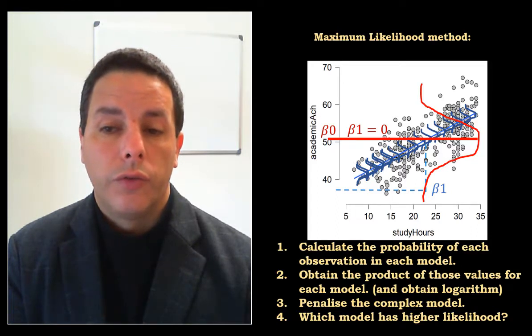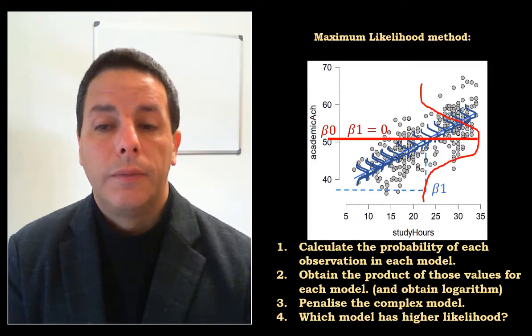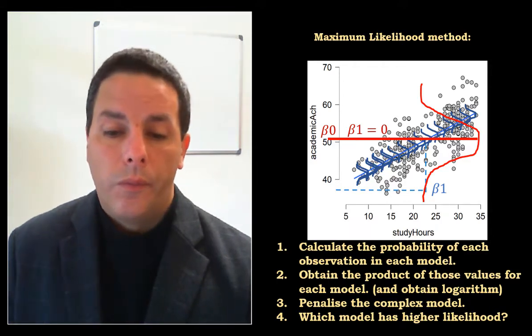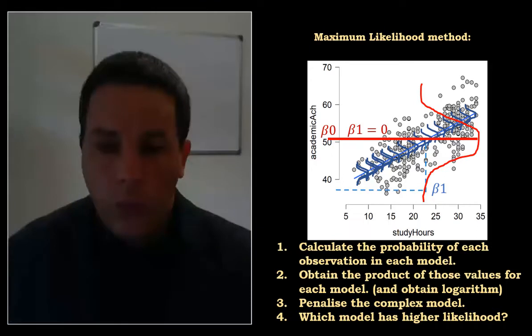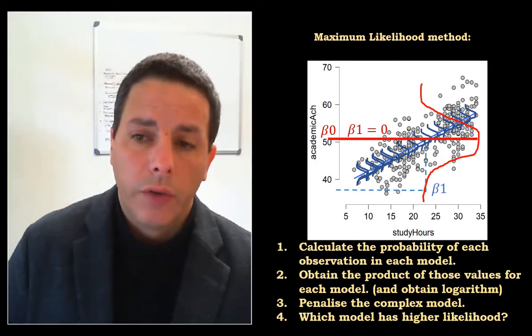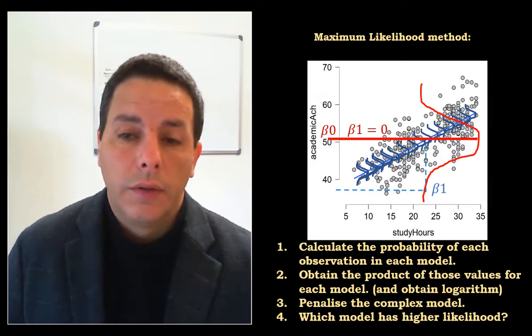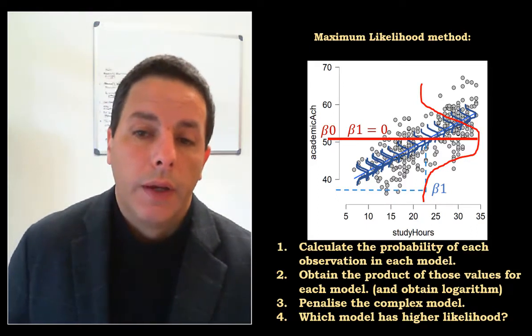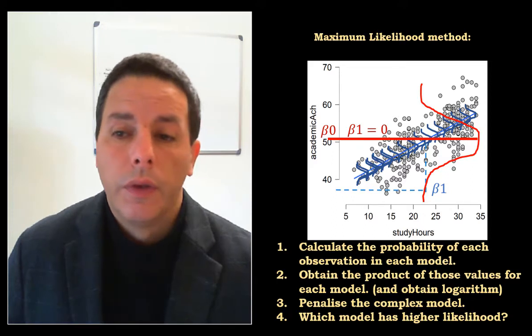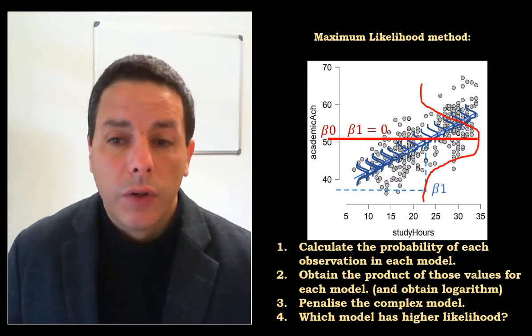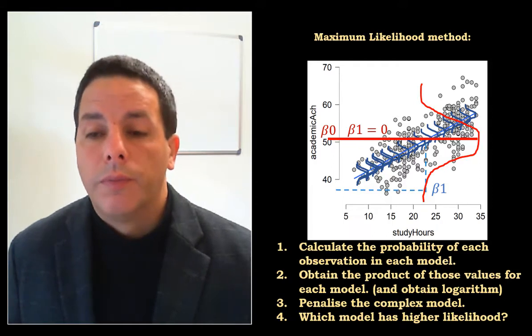So first, we know about the population, or we assume, that it has a beta 1 of 0, and the beta 0 is the mean of our sample.